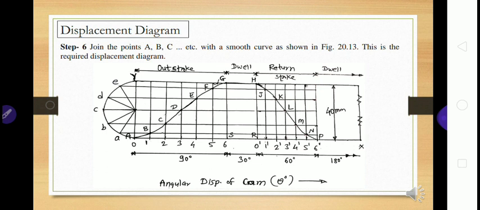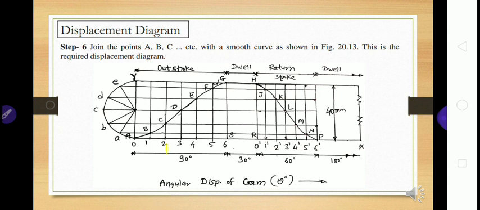These are the steps to draw the displacement diagram, and in this displacement diagram you should understand that, suppose at the outstroke end, at this 6th point, what is the displacement of the follower? The displacement of the follower will be this G to 6 distance, after 90 degrees.